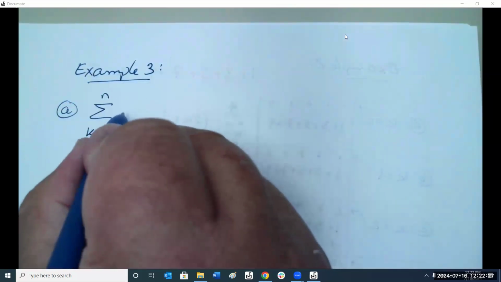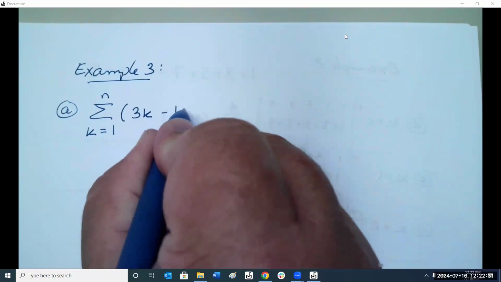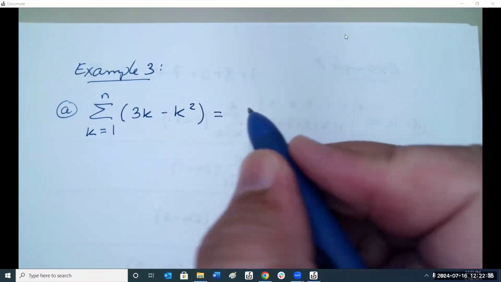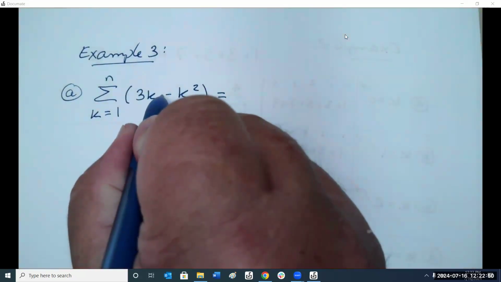A is the summation of k equals 1 to n of 3k minus k squared. So this is the difference rule.